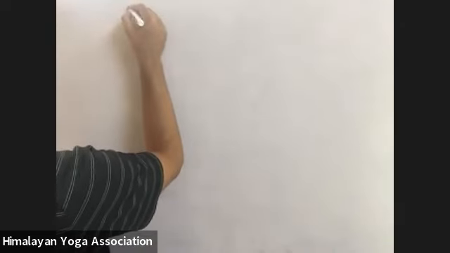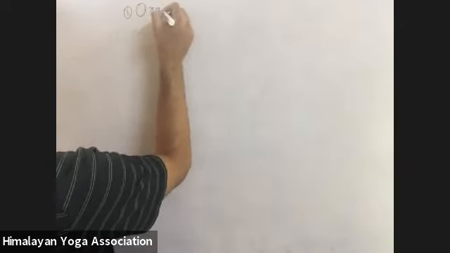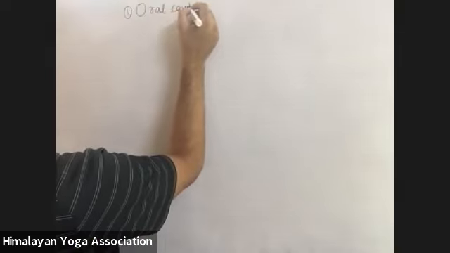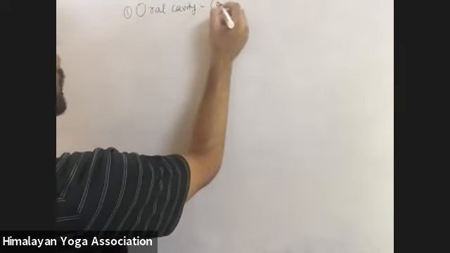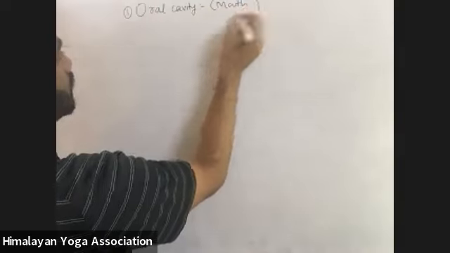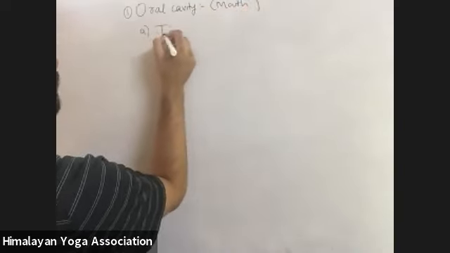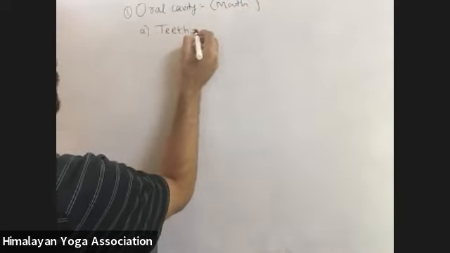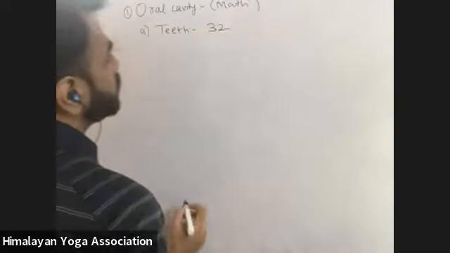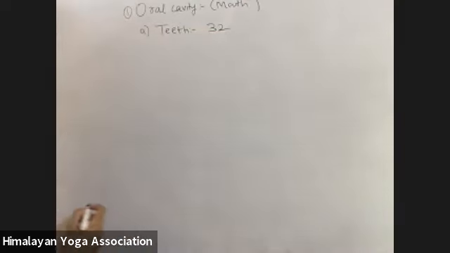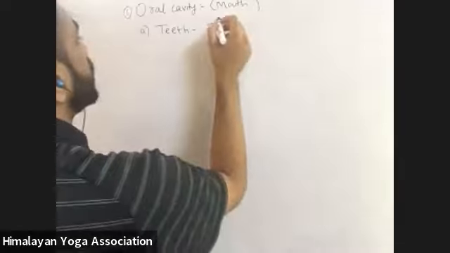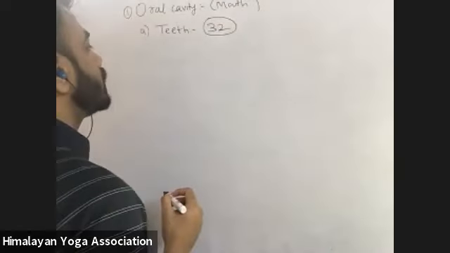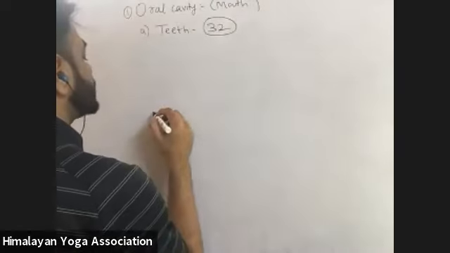So talking about the oral cavity, first I will write oral cavity. This is our mouth section. In our mouth section, A will be teeth, and there will be 32 teeth. These 32 teeth help with mechanical digestion.